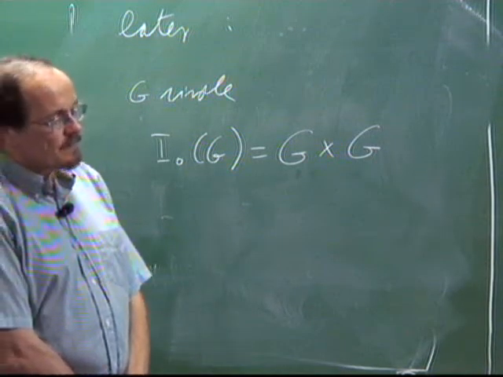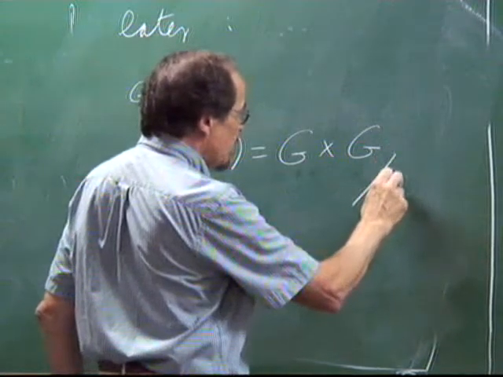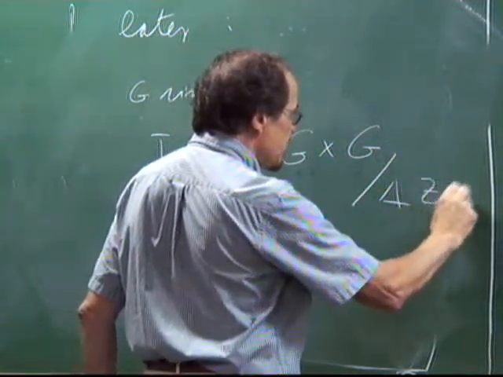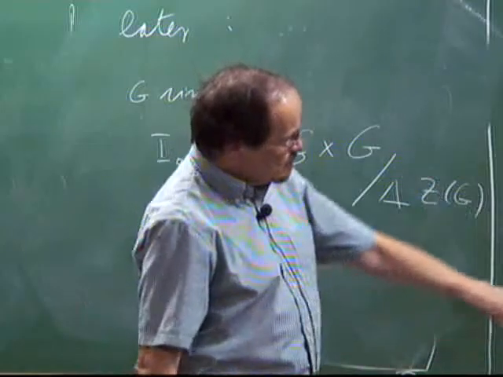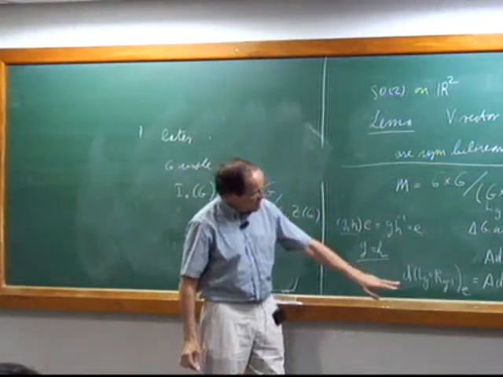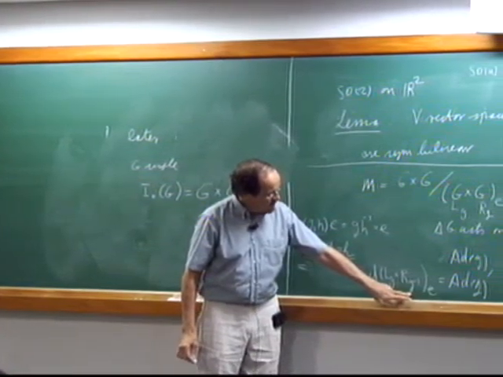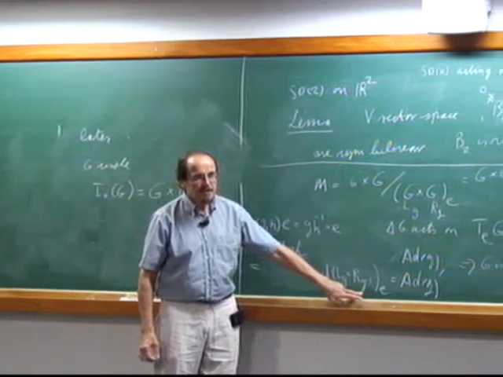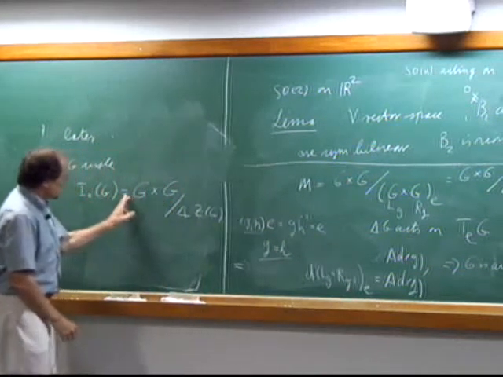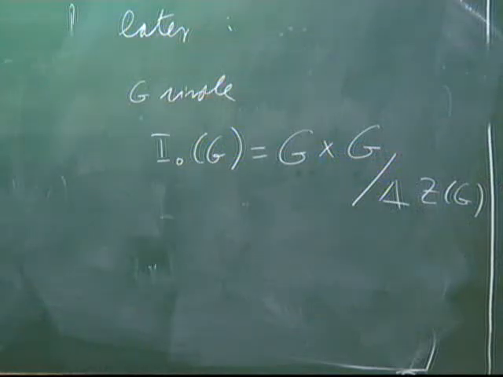The center inside the G cross G, divided by the diagonal embedding of the center of G. Fixing the point means G must be equal to H, acting by conjugation. That fixes every point if and only if G lies in the center. So this is the correct statement: the isometry group is G cross G divided by the center, the identity component. But in general, there are other components.